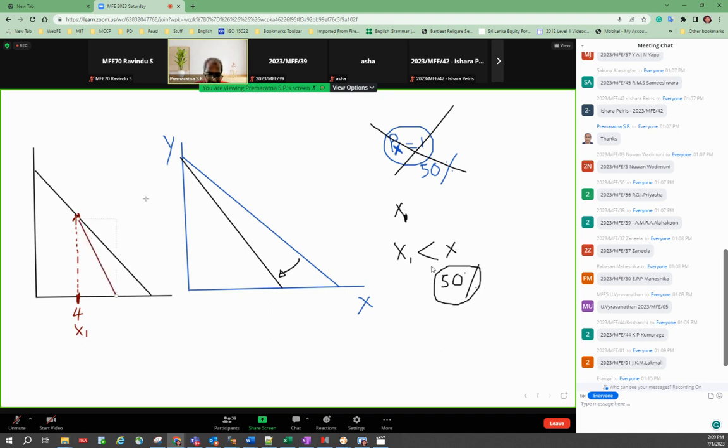So the budget line becomes a complete budget line like this, which means after a certain amount, in this case 4, any additional purchase is taxed.